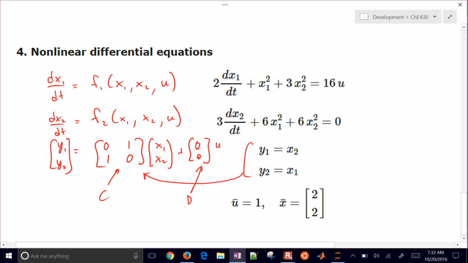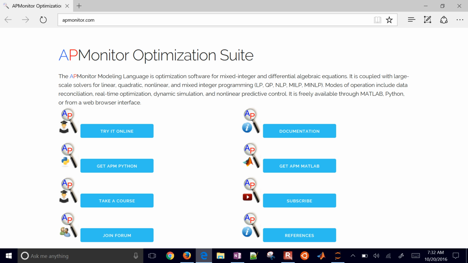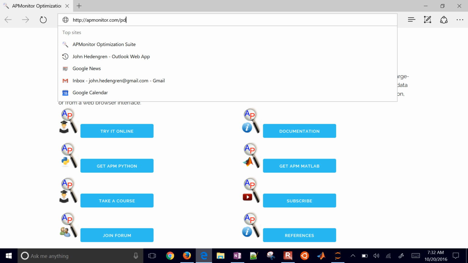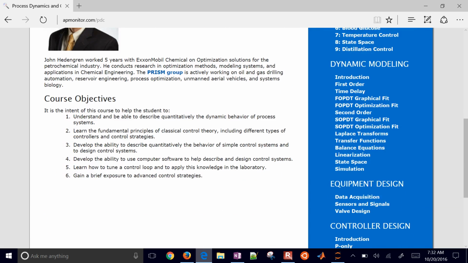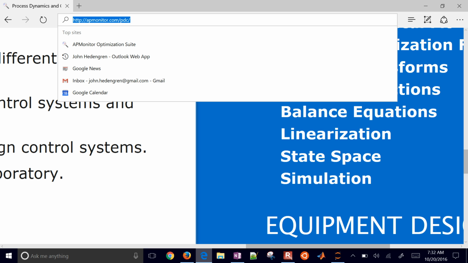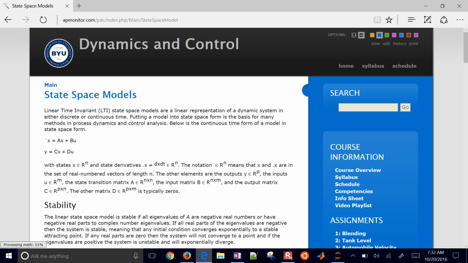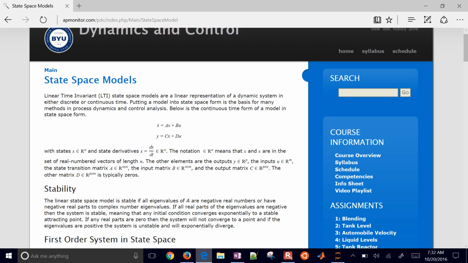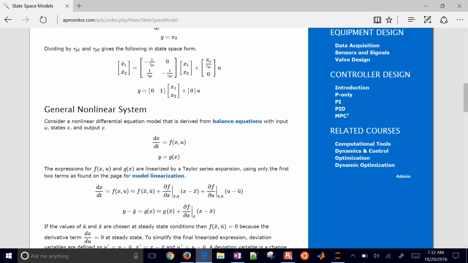But now we need to come up with our A and B, and one way to do that, let me bring up this content here that's also available. And again, if you want to go back and get the source code for this, or a little bit more on state space, you can come to this website right here, and then in the bottom right just hit state space, and it'll bring you to this page that talks about state space modeling with a couple examples.